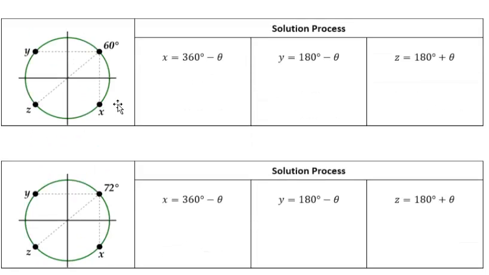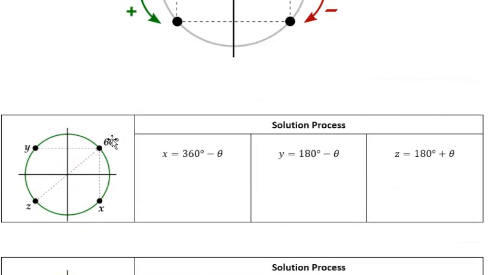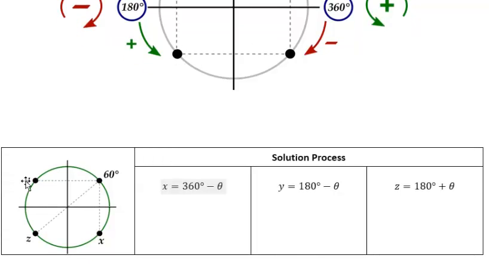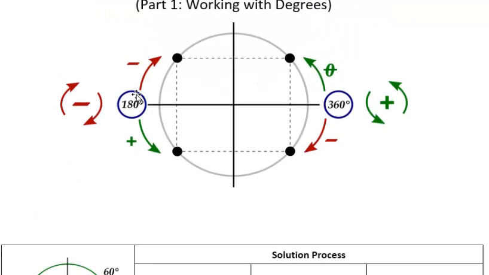Okay, so it's pretty simple that if I already know theta, to find X it will be 360 minus theta, because I'm moving backwards from 360. If I'm trying to find Y, it will be 180 minus theta, because I will start counting from here backwards.